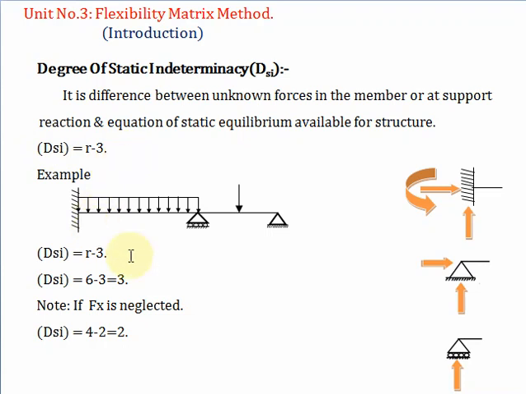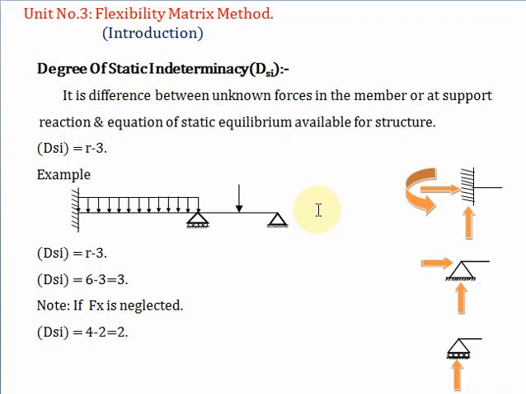Okay, now here one example is given and we'll find out the degree of static indeterminacy of that beam. Now this beam is given. So in case of beam we consider only the external indeterminacy and we do not find out internal indeterminacy for the beam because beam is statically determinate internally.